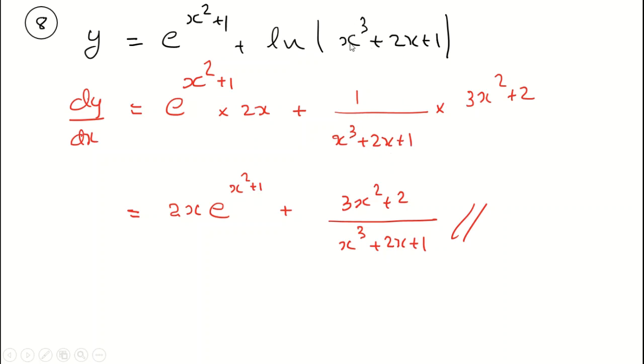Then you have to differentiate this one and multiply here: 3x squared plus 2. Then this could be written as 2x e to the power x squared plus 1 plus 3x squared plus 2 divided by x cube plus 2x plus 1. Right.